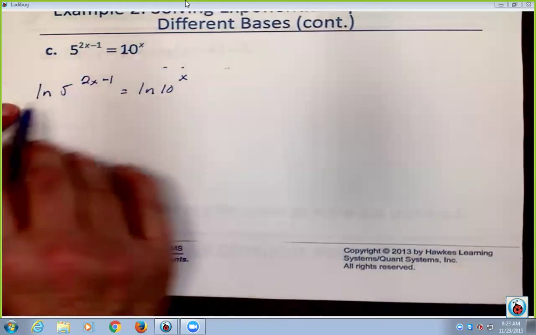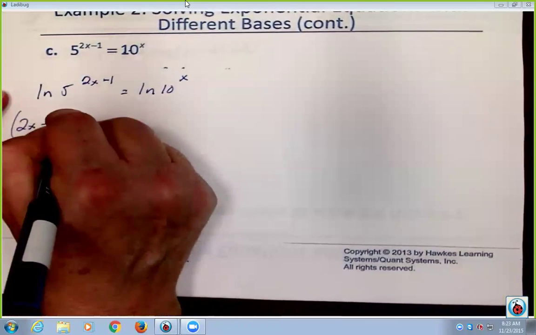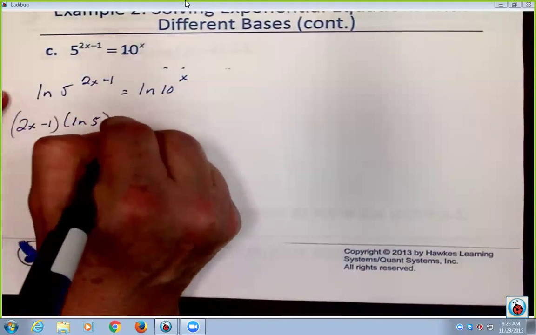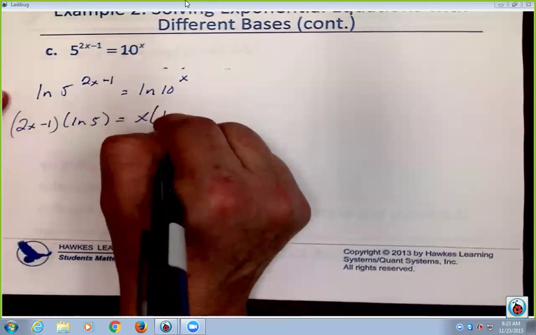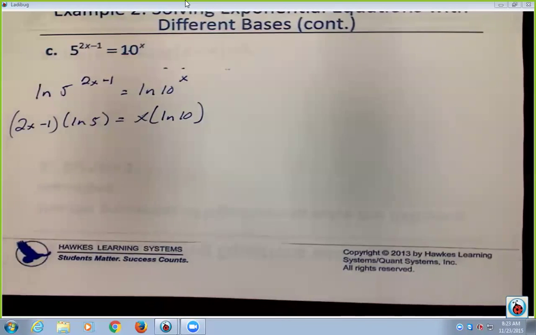So now I need to move this to the front. So I get it out of the way and I get it so that it's in that location. Then I need to distribute it.